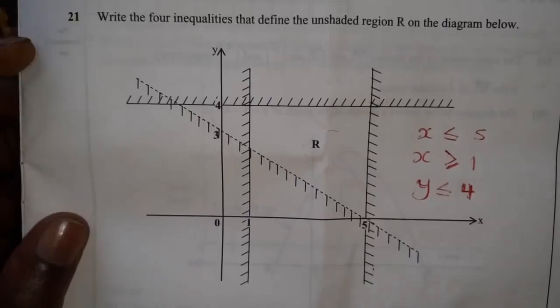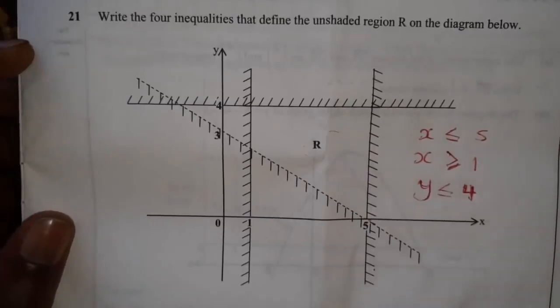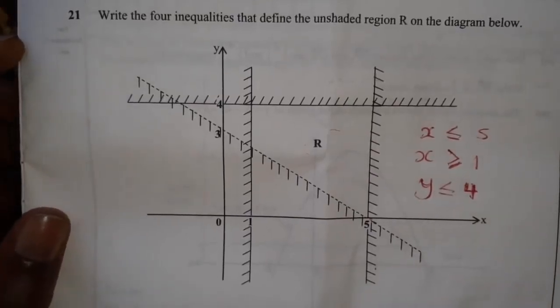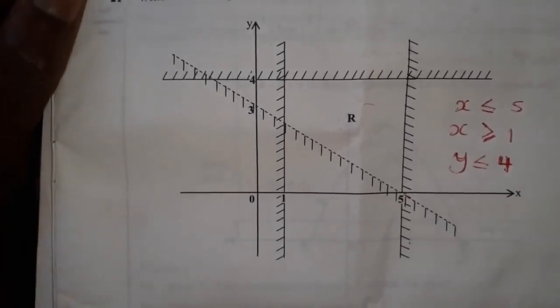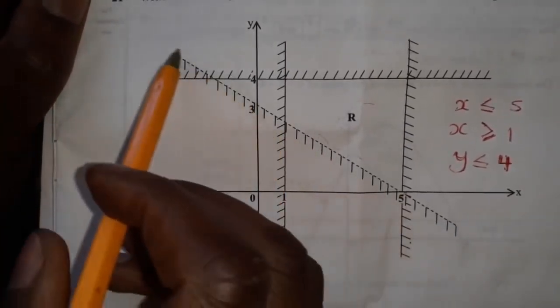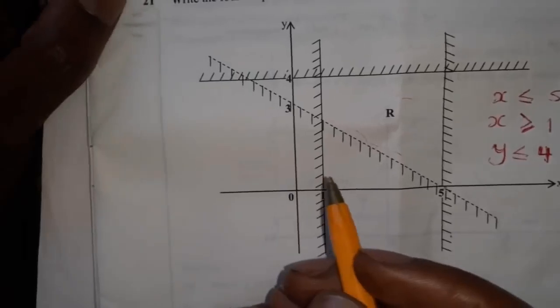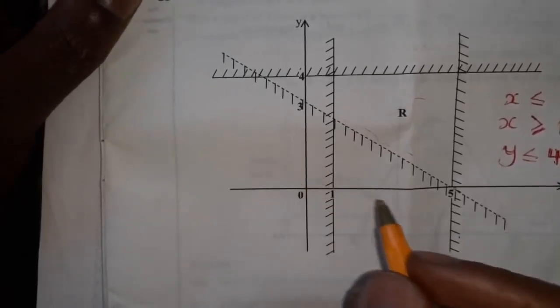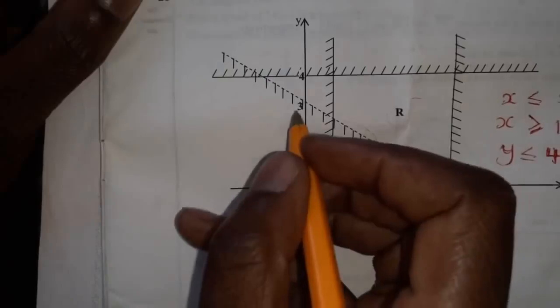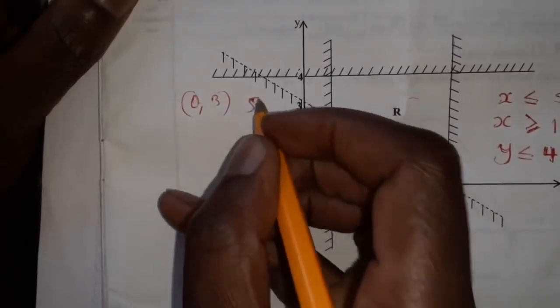So these are 3 inequalities that are needed. What about the other one? The other one now is this line. So for this line, we need to pick 2 points. And these 2 points can be 0, 3 and 5, 0.